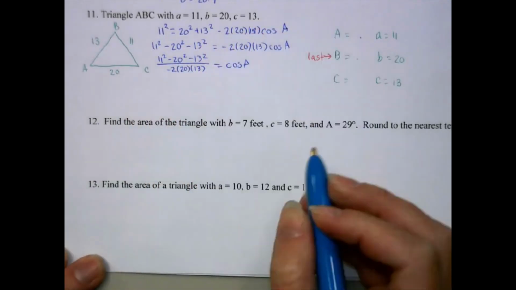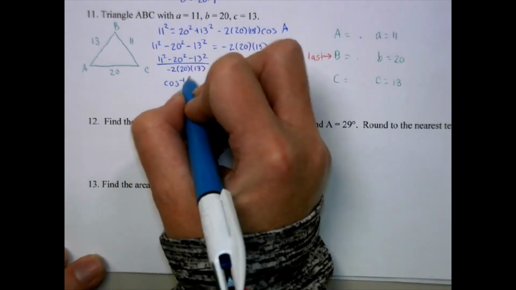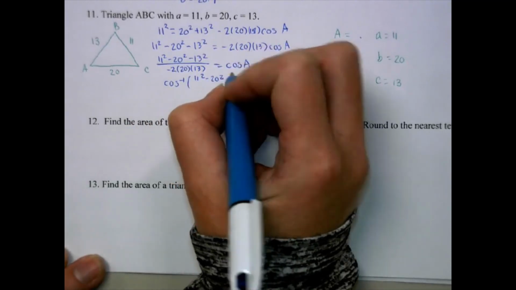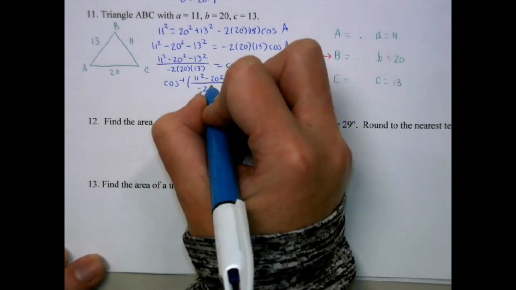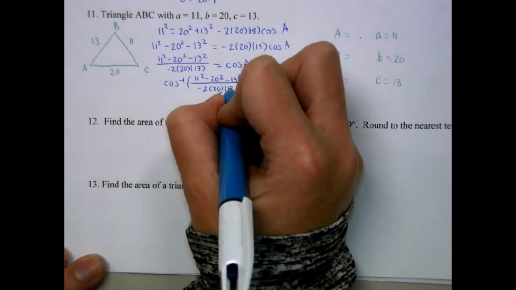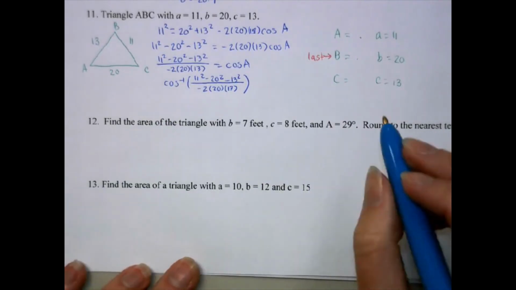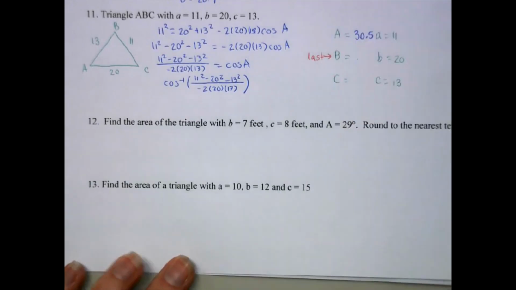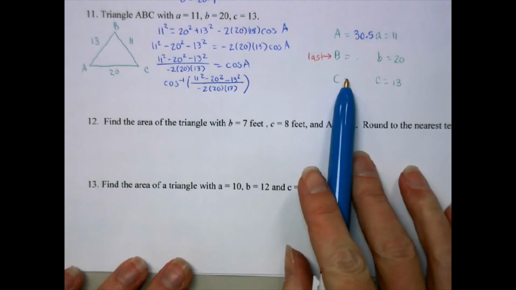Okay, and then the last step is to do the cosine inverse of all of that. Okay, so when we do that, you get 30.5. Then we're going to do the law of sines to find C, because we know that one has to be acute.